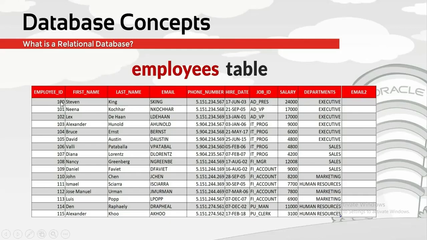You must observe these things very carefully, so that you know what a table contains in an Oracle database. IDs are in the form of a numerical pattern, and these are the first names and last names, and similarly these are the email IDs and phone numbers. You can observe the date format here. One example is 17-JUN-03, and this is the standard date format in Oracle. These are the salaries and departments.